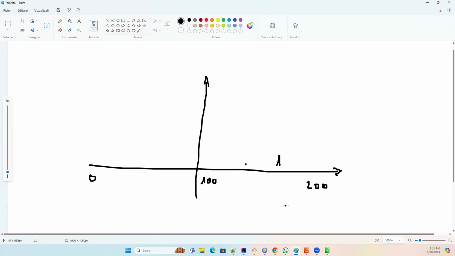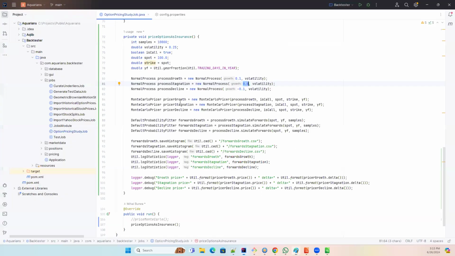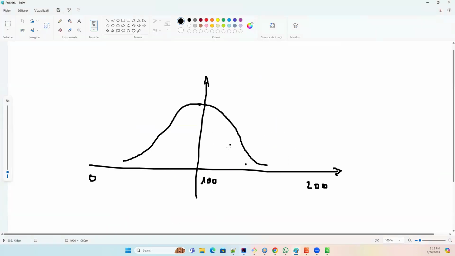Now, let's draw the distribution. In the stagnation process, about half of them will go up, half of them will go down. For those that go up, you'll have to pay higher and higher damages. For those that go down, you don't have to pay anything.